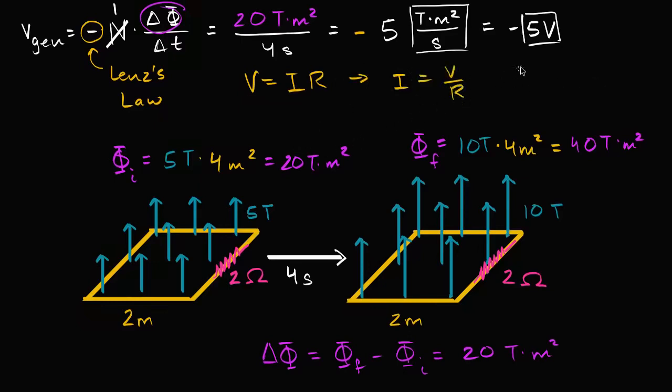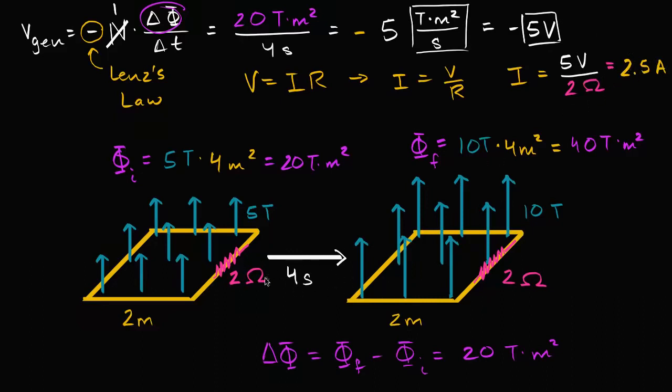So in this case, the current induced is going to be the voltage, and I'm just going to focus on its absolute value now. We can think about its direction in a second. It's going to be 5 volts divided by the resistance, 2 ohms, which is going to be equal to 2.5 amperes.